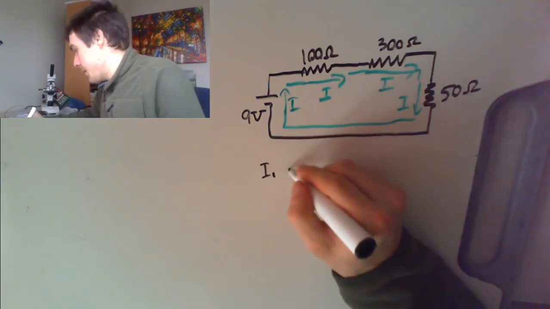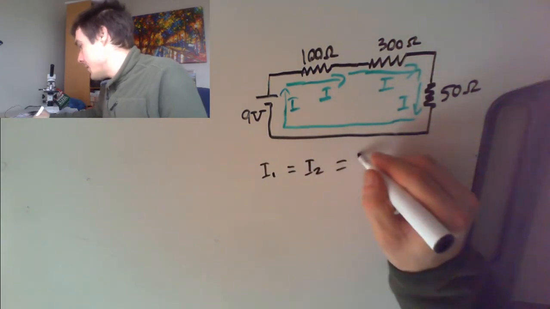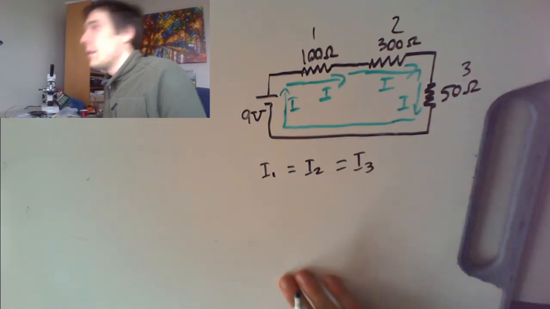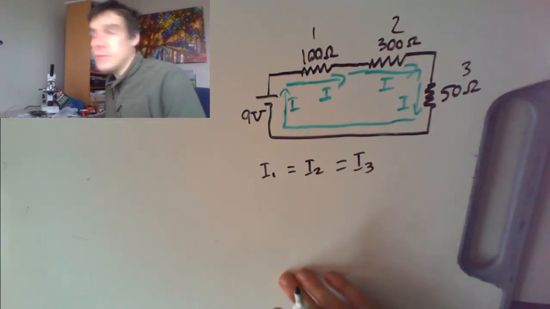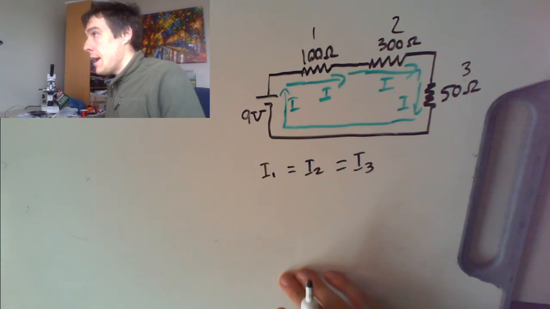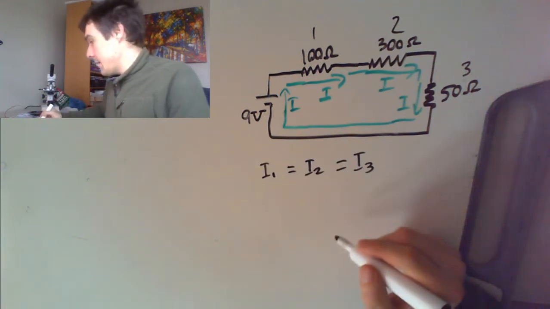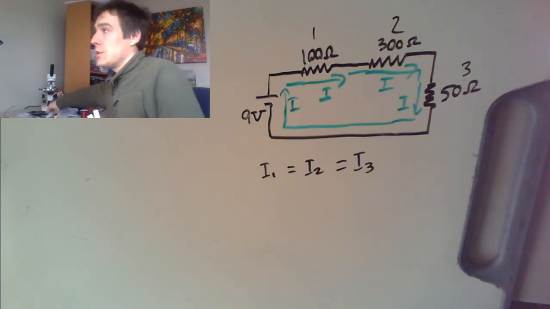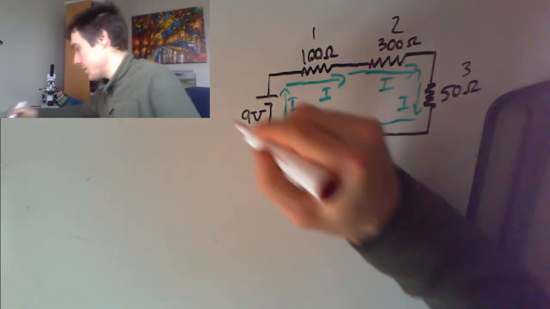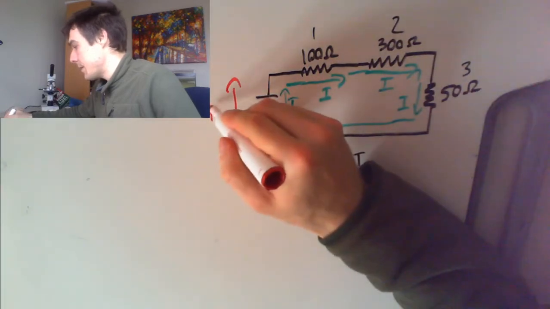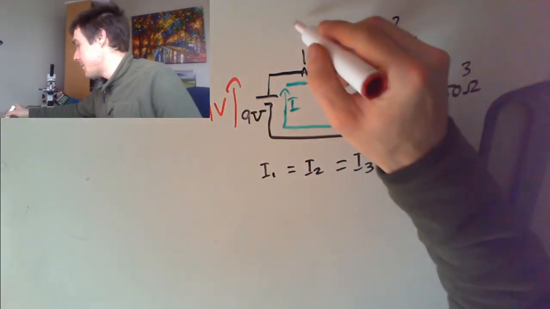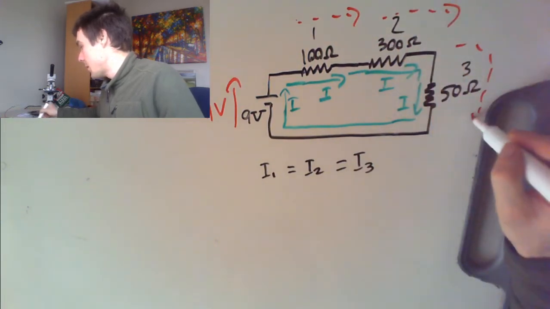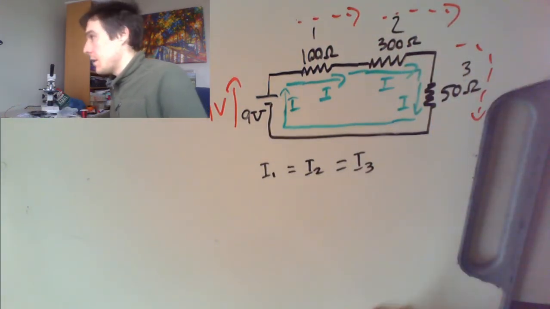So I1 equals I2 equals I3 is what we can say, if this is 1, 2, and 3. And the other thing that we know, based on Kirchhoff's voltage law, is that however much this went up by, 9 volts, this must go down by 9 volts.